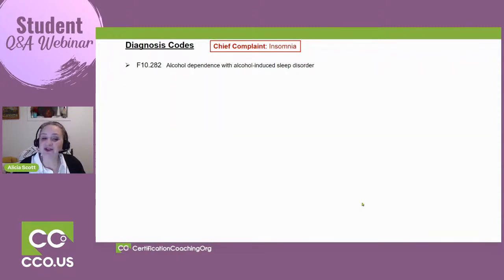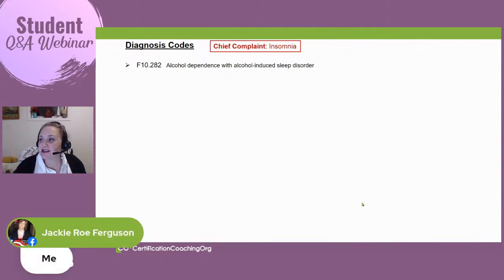How many of you knew that there was an insomnia that was associated with alcohol dependence? I'm going to guarantee you probably none of you were aware of that. So if you were aware of F10.282, or that even crossed your mind while we were talking about this, it's actually the highest specificity for the insomnia.